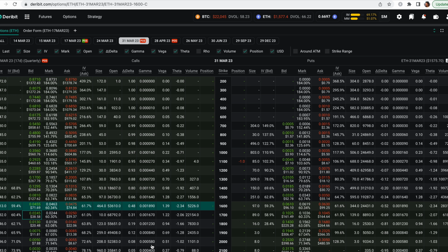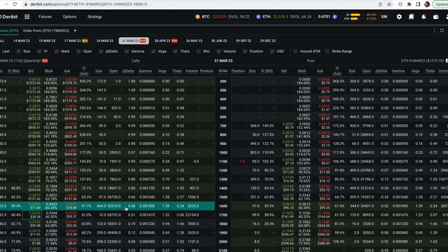Then we would be a little bit troubled, because these options are settled in crypto itself, unlike in the stock market, where if you sell a covered call and your shares get called away, you would just deliver your shares and get back cash. In crypto, these options are settled in crypto itself, which means we would need to pay the difference in crypto.